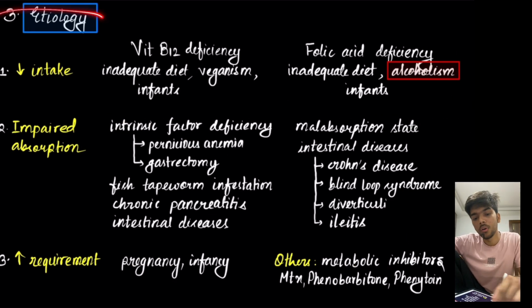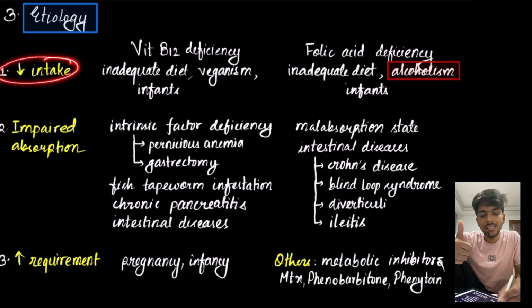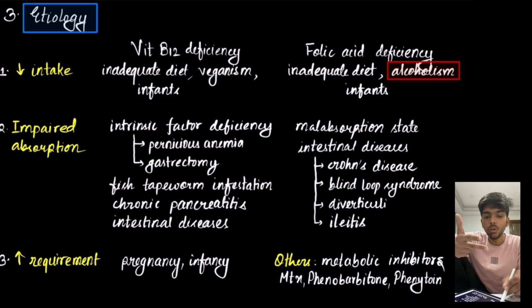All right, now etiology. So be it deficiency of vitamin B12 or be it deficiency of folic acid in your body, there are mainly three reasons behind it. Number one, due to decreased intake. Number two, due to impaired absorption. And number three, due to increased requirement.